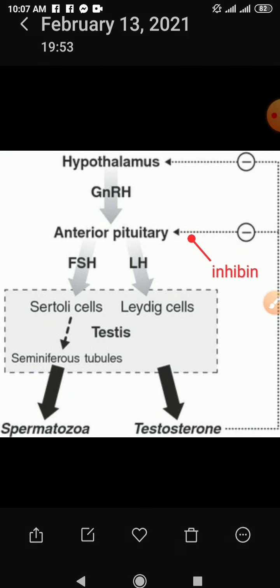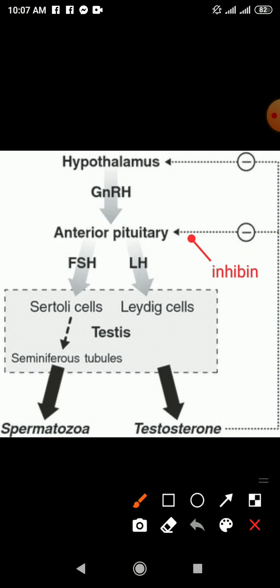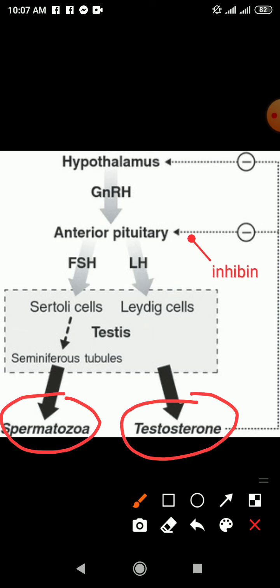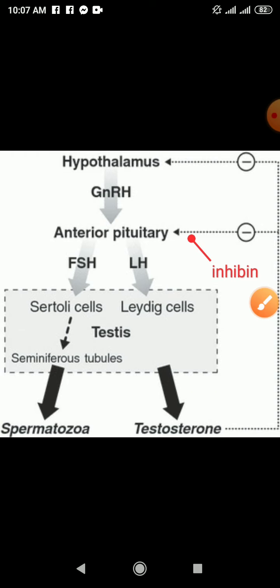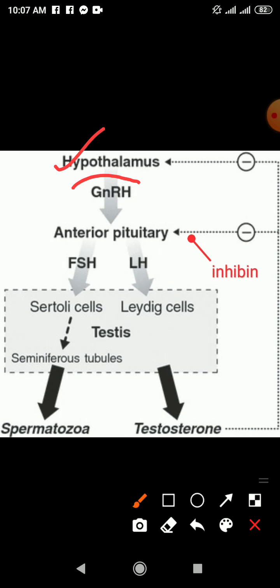So actually, spermatogenesis and production of the testosterone are mainly controlled by an axis known as the hypothalamo pituitary gonadal axis. Look at that. From the hypothalamus, the gonadotropin releasing hormone, GnRH, is released.